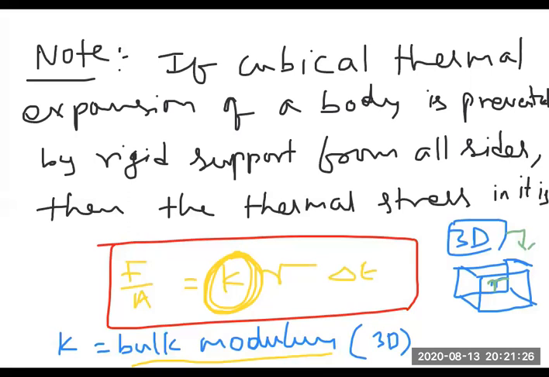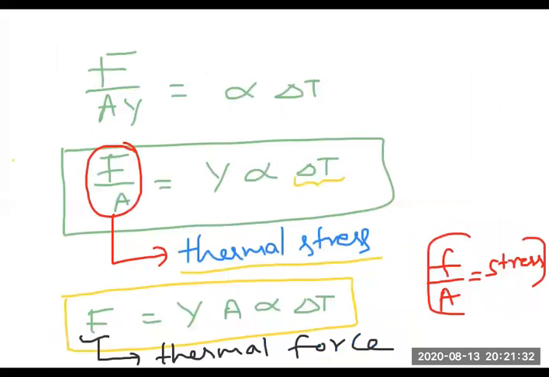Cubical thermal expansion is related to volume, and linear expansion is related to length, where we got the thermal stress formula F by A is Y alpha delta T, with Young's modulus and coefficient of linear expansion.